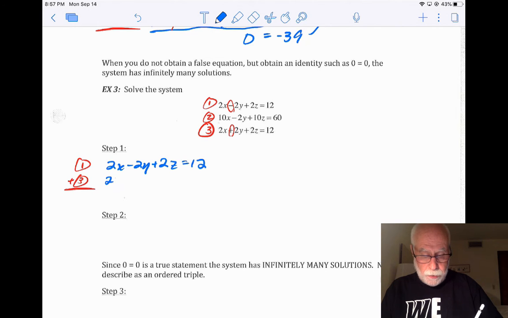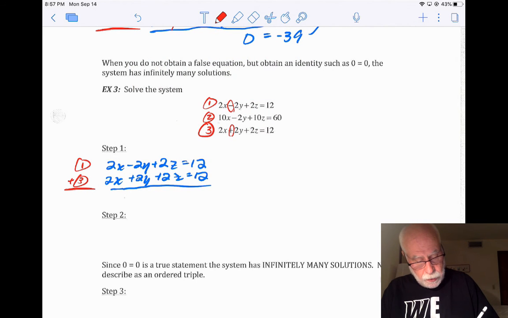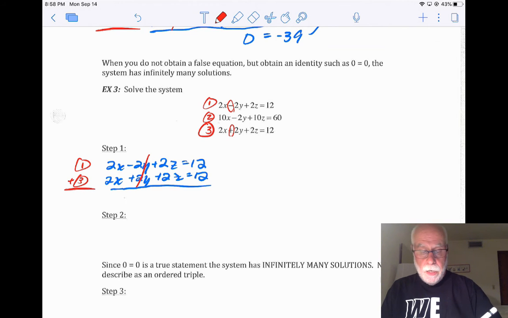And then I'll have 2x plus 2y plus 2z is equal to 12. In this case, it's not always going to be the y's. Just on my examples, for some reason, it did become the y's.